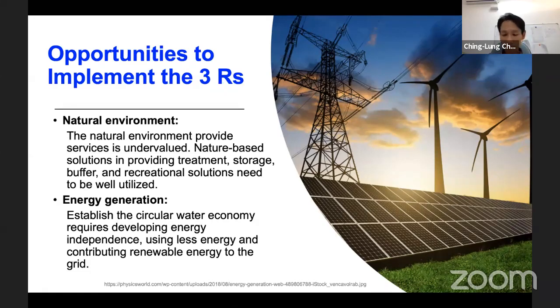Okay, so as you can see from this image, this is a solar panel in Taiwan. Right now our government tries to encourage companies to use renewable energy, for example solar energy, because people think solar energy is a clean energy.